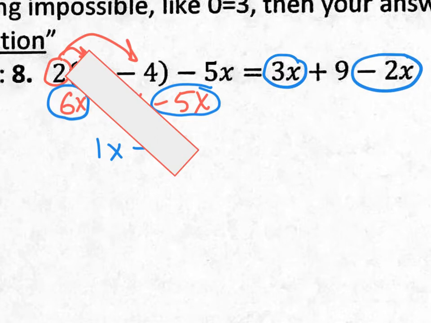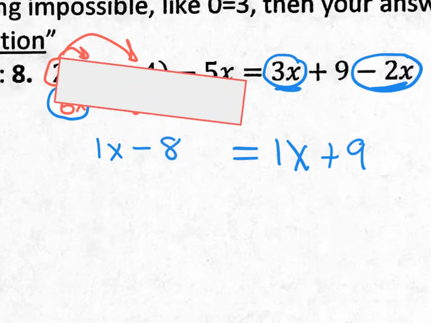What's 3x take away 2x? That's 1x. So what I'm going to do right now is, first of all, get this equal sign and bring it down. So here's my equal sign. And let me combine, again, the 3x with the minus 2x. That's 1x. And then the plus 9 is going to come straight down. So that's all I could do on the right side. There's nothing else to do.